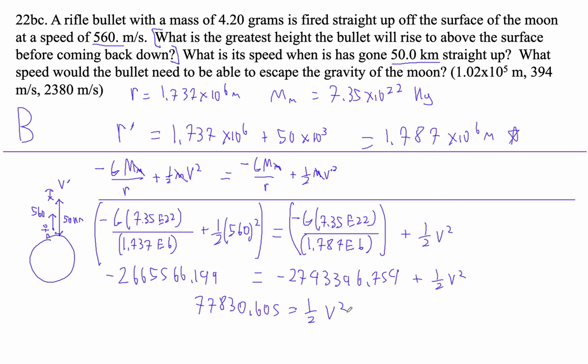Take the square root of that number. 394.53. So actually 395 is what I got. So I'd have to say 395 meters per second, I think. Wow, right. I'll have to edit that.